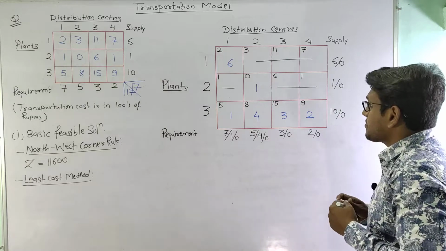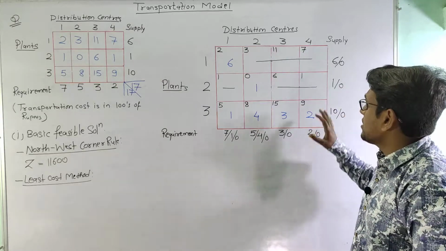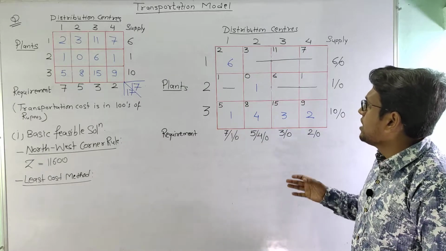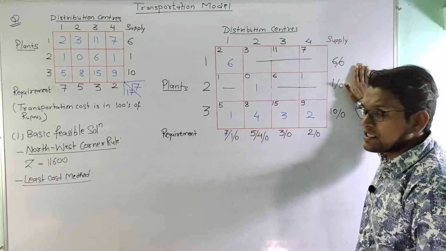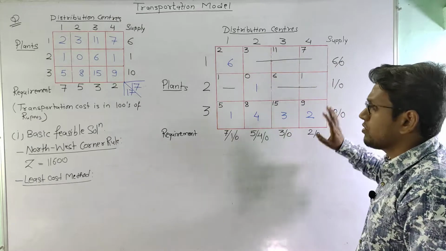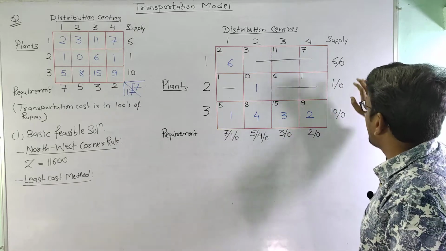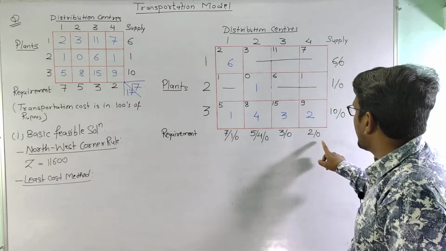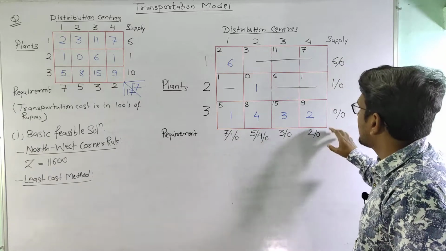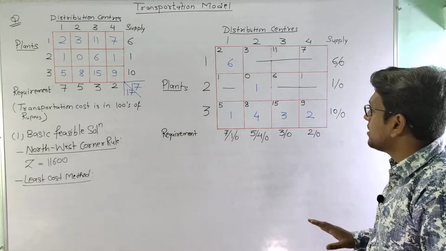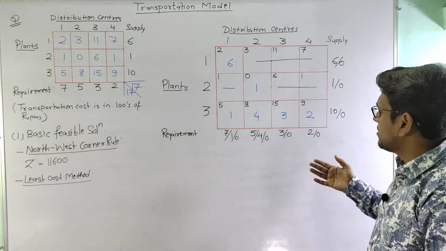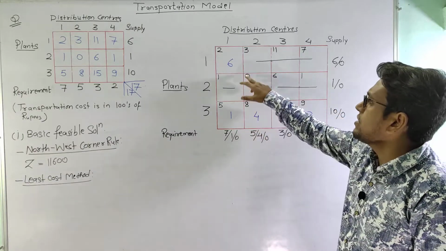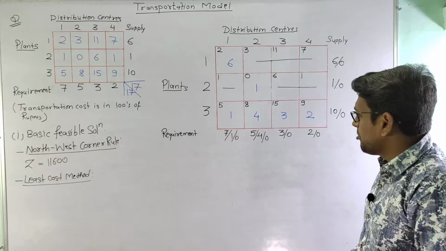So now we have got another basic feasible solution, and we can also check the conditions to see if this is a basic feasible solution or not. The first condition is that all the supply and demand has to be met. All the supply and demand has become 0, that means the demand and supply are fulfilled. Second is the non-negativity restrictions. We can see that all the values are either 0 or positive.